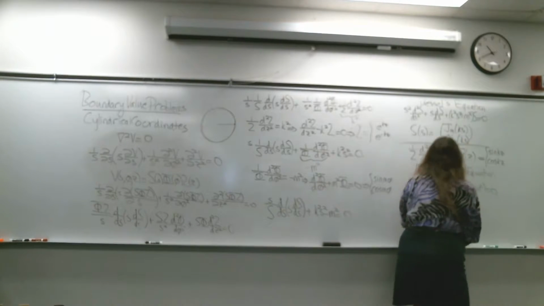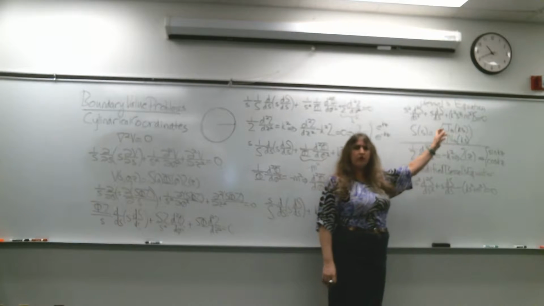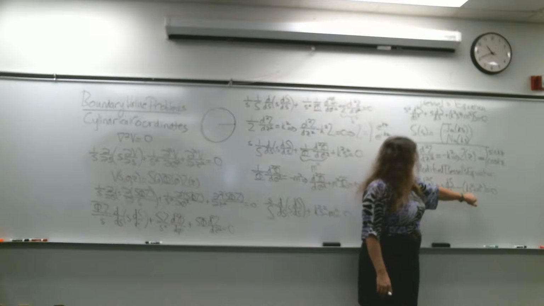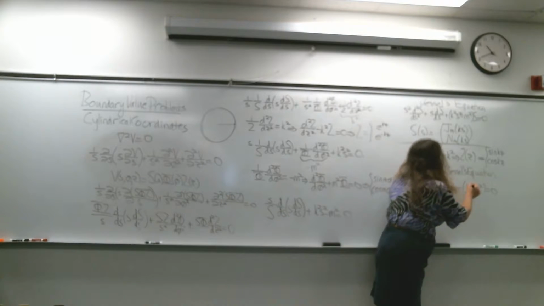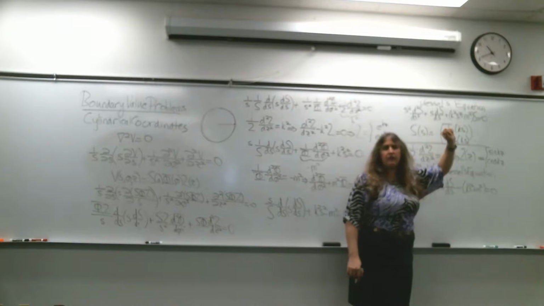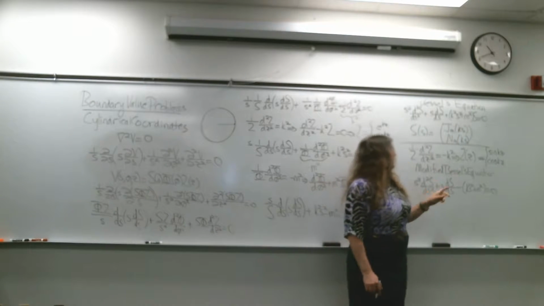The difference between my ordinary Bessel equation and my modified one is that this final term is minus k squared s squared minus n squared, whereas on the top I had k squared s squared minus n squared.